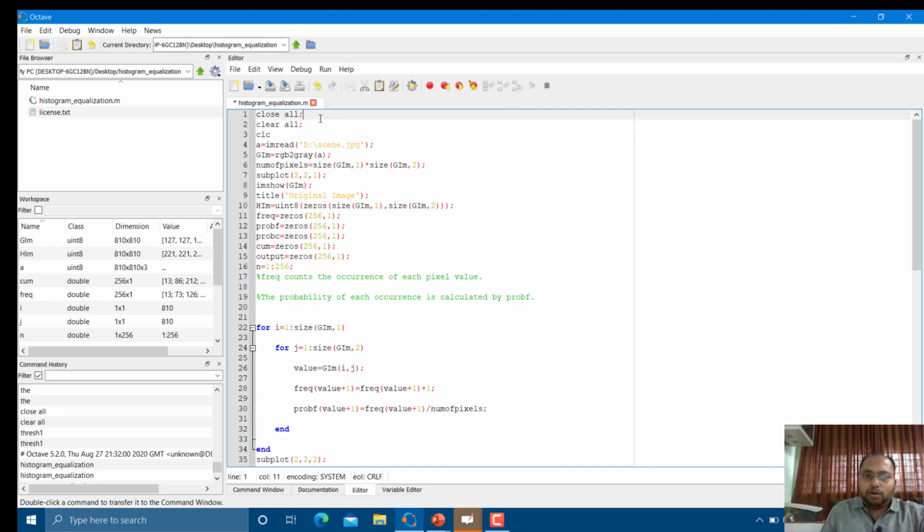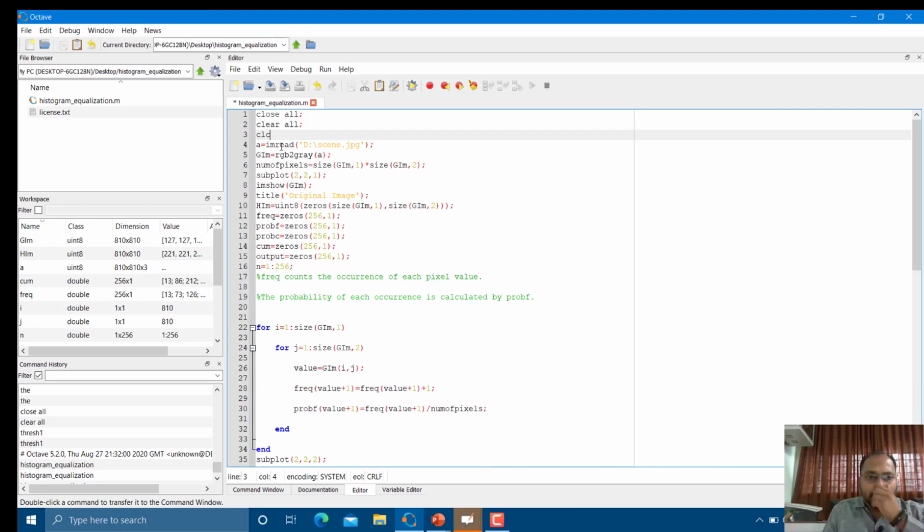This is nothing but clear all, close all, these things you know very well. Clear screen, CLC. Then we have read the image. So imread, and then the path of that particular image along with the image name and extension. Okay, let me zoom it.